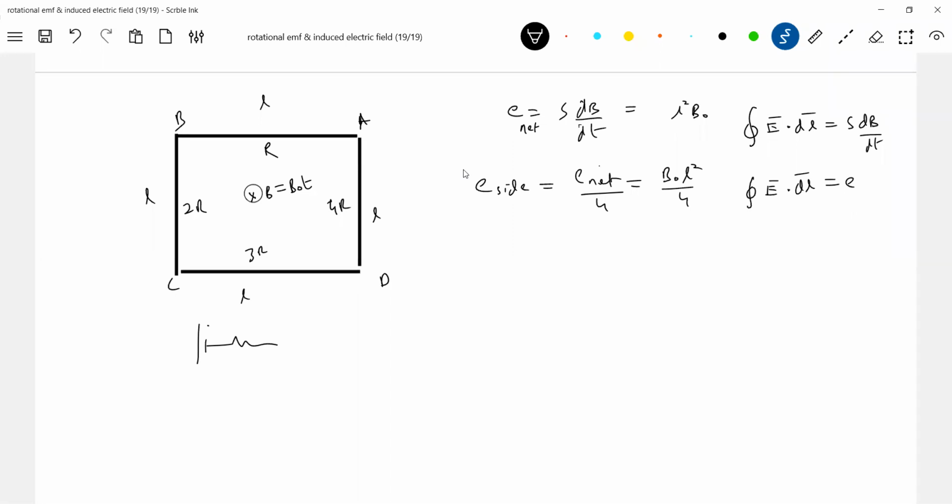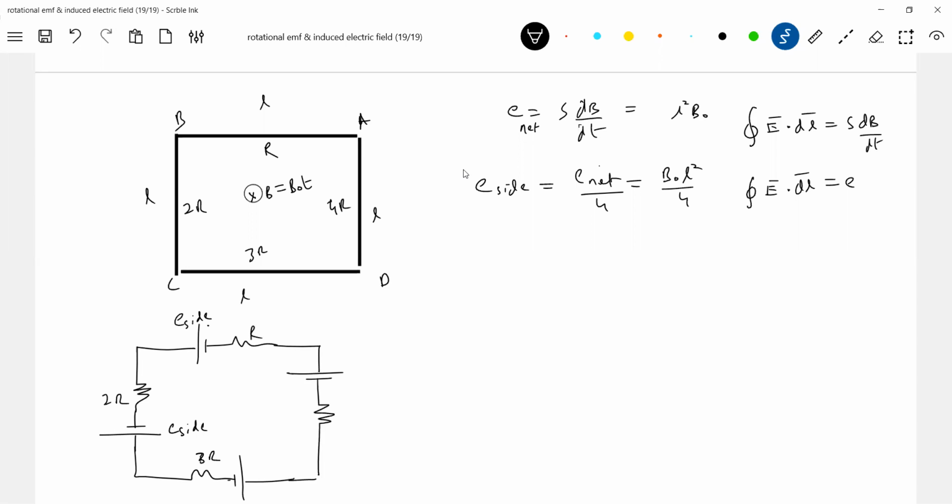This is the EMF induced in each side. So this is R, 2R, 3R, and this is 4R.